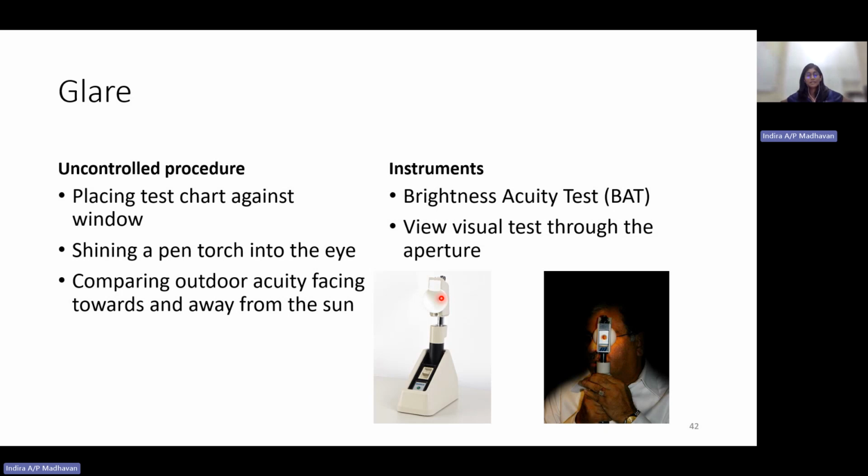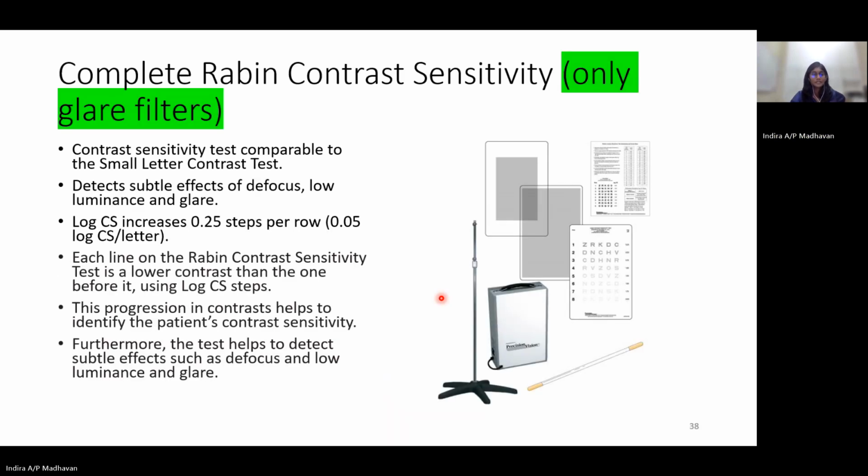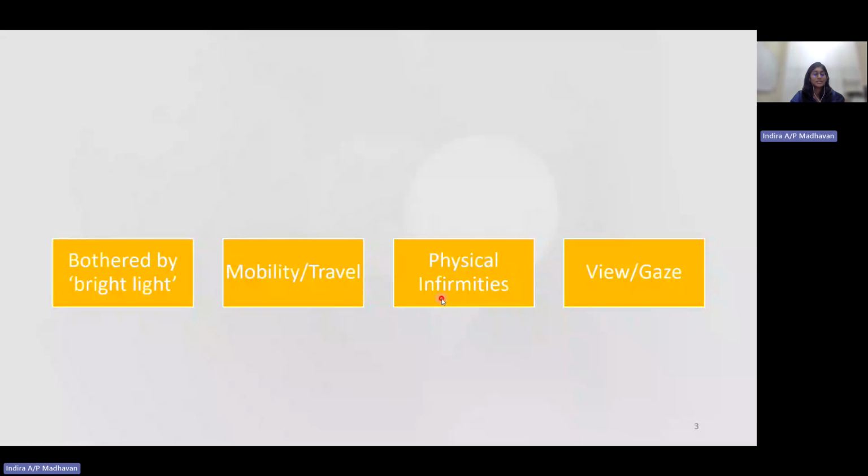Before I end the video, I would like to conclude on the visual assessment. First of all, we started off with a general observation. When we look at the general observation, there are four aspects that need to be monitored, so that we can plan our assessment and also our management according to what we observe, and the observation happens throughout the session.